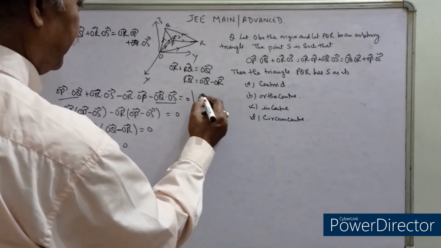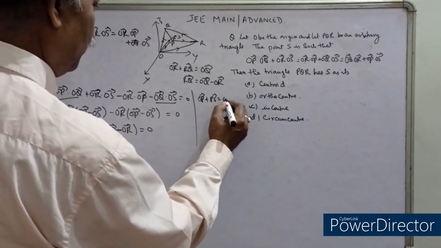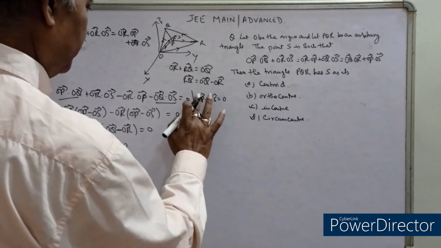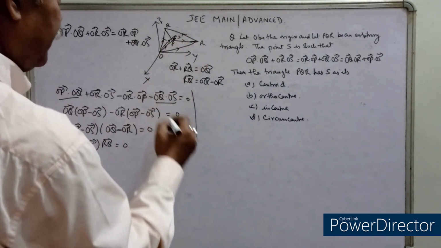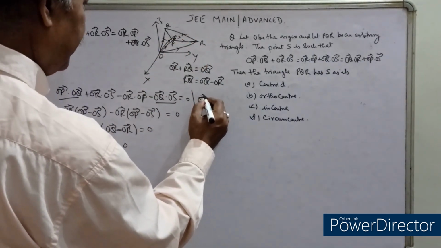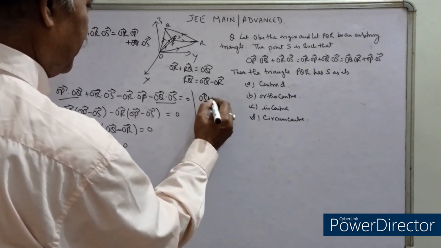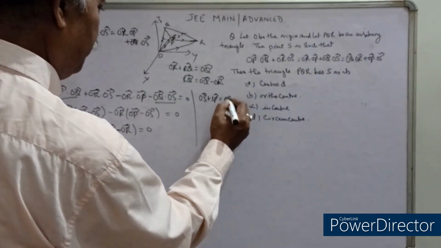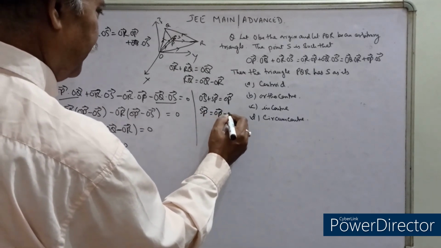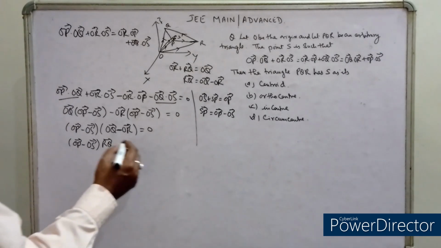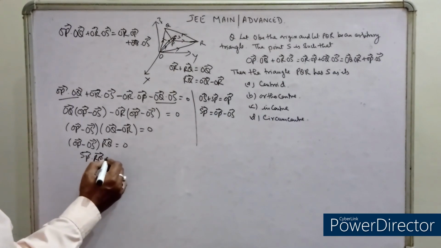OS vector plus SP vector is equal to OP vector, so SP vector will be OP vector minus OS vector. So this is SP vector dot RQ vector, which is equal to 0.